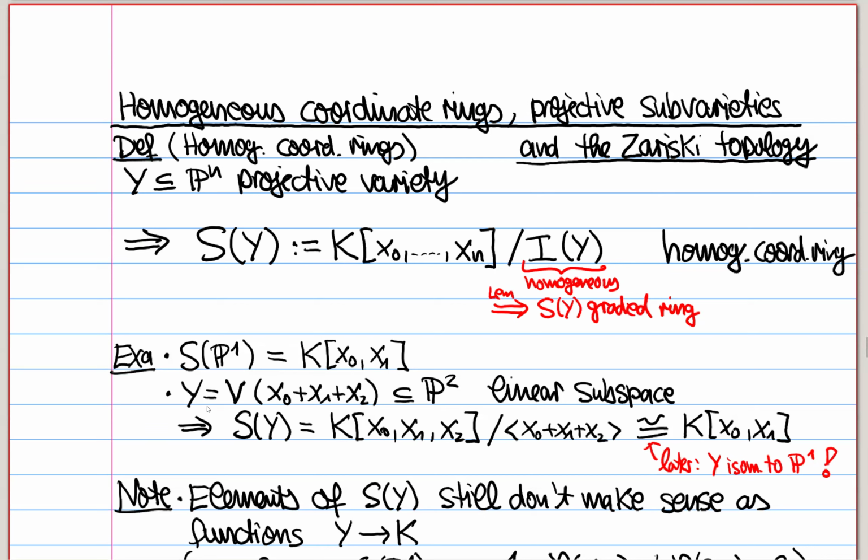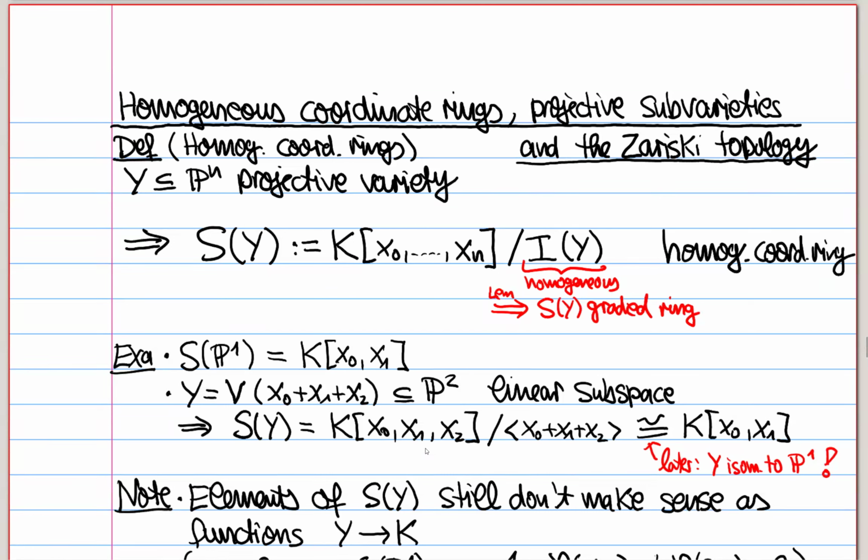And a bit more interestingly, if Y is the vanishing locus of such a linear polynomial, we have seen then it's a linear subspace inside P^2, then its coordinate ring is the quotient of this ring by this single ideal. And then first of all, you should check that this is indeed the ideal here. This follows from the Nullstellensatz because it is a prime ideal, so it's its own radical.